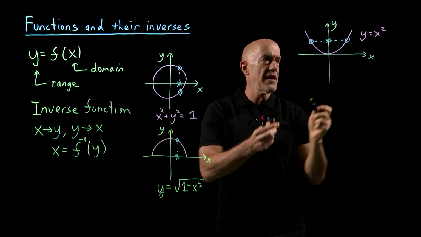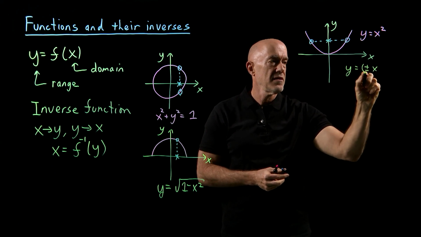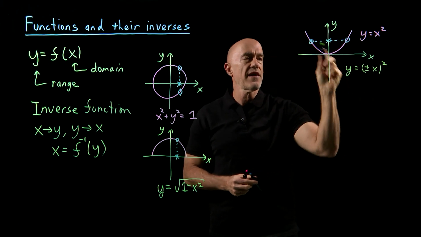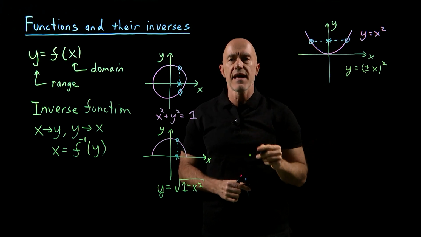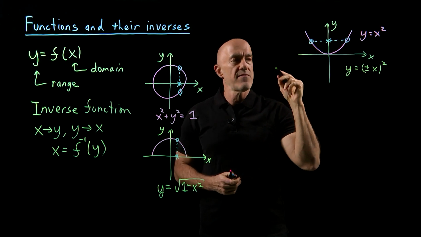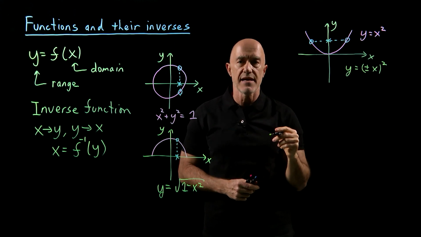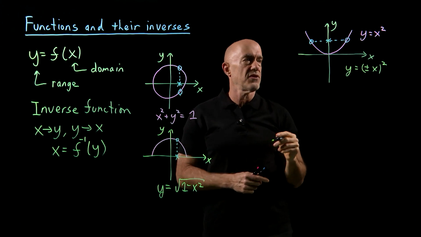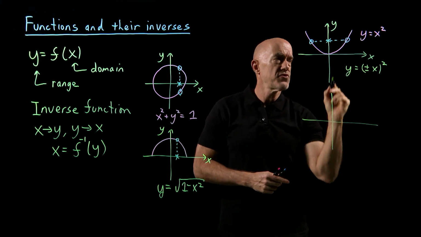We can write that as x is equal to plus or minus square root of y. So for each y value, there are two x's. So this function then doesn't have an inverse. For a function to have an inverse, it has to pass both a vertical line test and a horizontal line test. We can restrict this function.